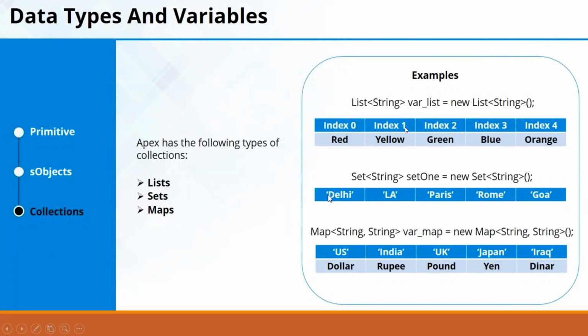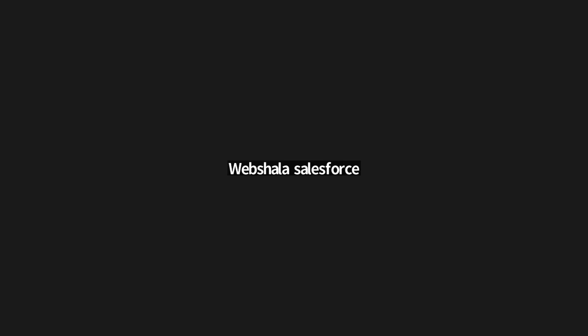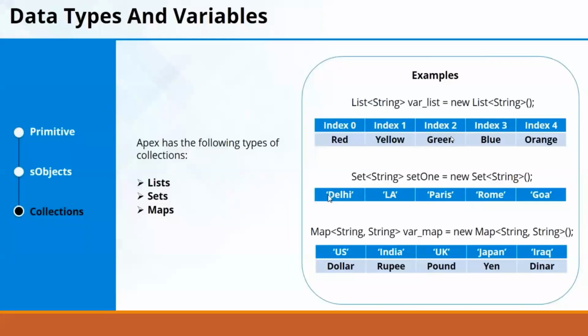Sorry to interrupt, Nikhil, we can't see your screen. We can see only that members joined the call. Okay, let me share it again. Now I can see. Okay, thank you, Nikhil.